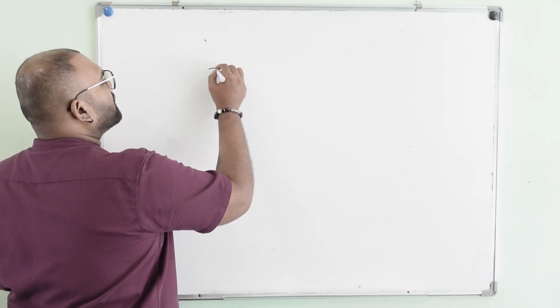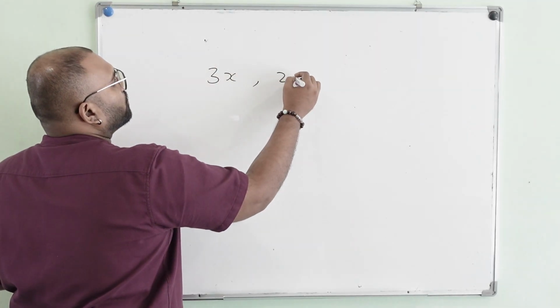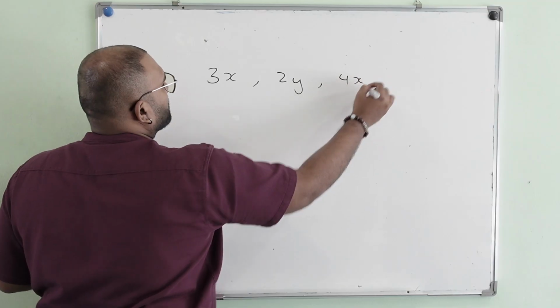Okay students, so you understand how to do coefficient of x. The second thing that you need to know in basic algebra is about like terms and unlike terms. Easy to say, the same unknown and the different unknown. So for like terms, usually we use the words same unknown or different unknown. If the unknown is the same, we call it like. If the unknown is not the same, we call it unlike. Example, look here. We have 3x, 2y and 4x.